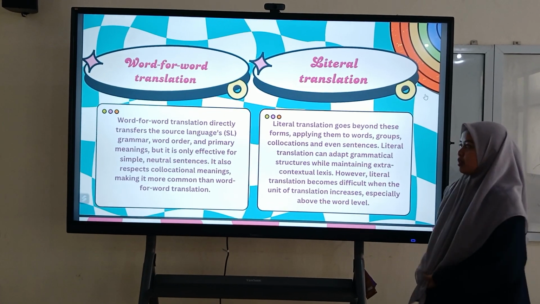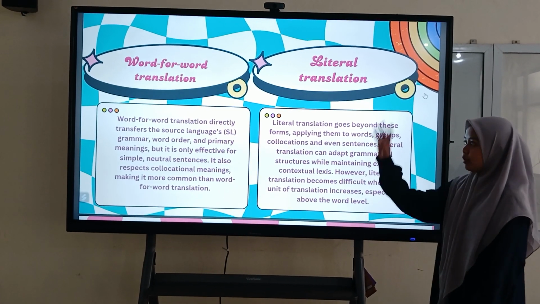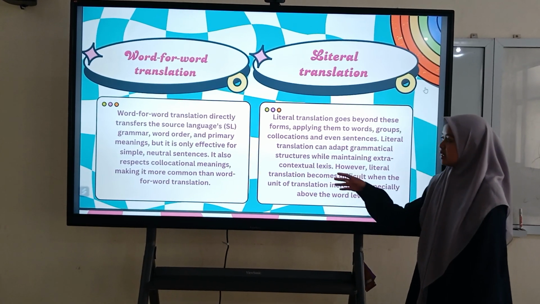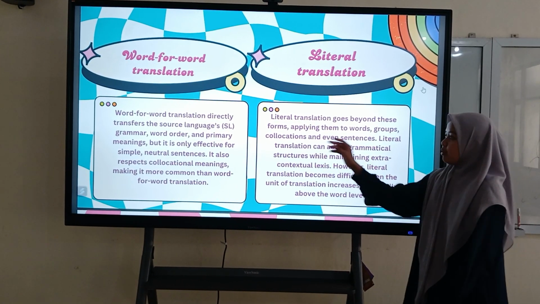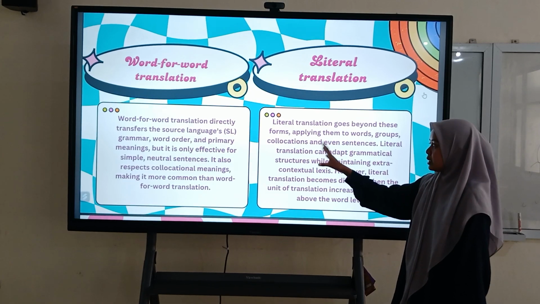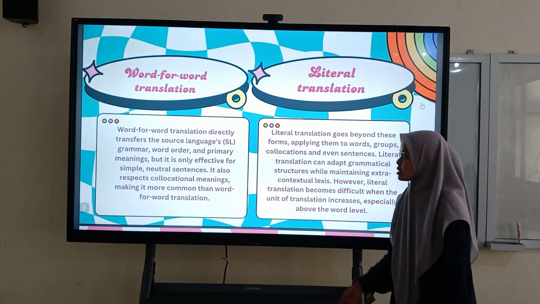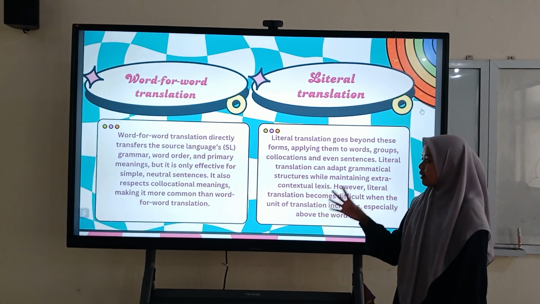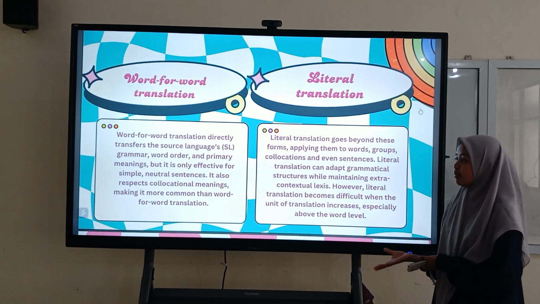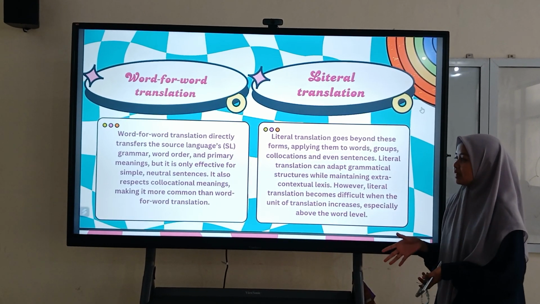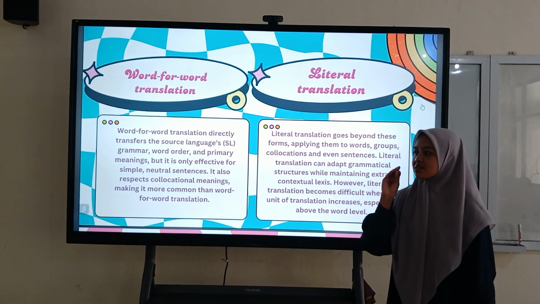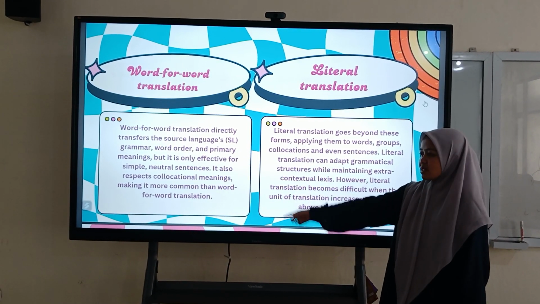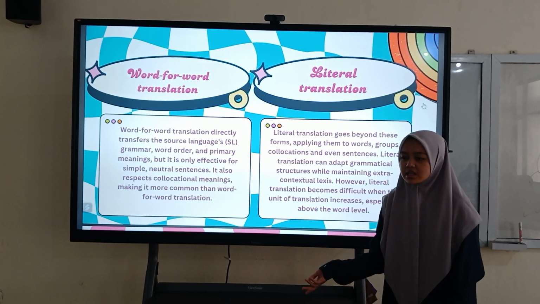Next, first is the theory of word-for-word translation. Word-for-word translation directly transfers the source language (SL) grammar, word order, and primary meaning, but it's only effective for simple and natural sentences like daily conversation.